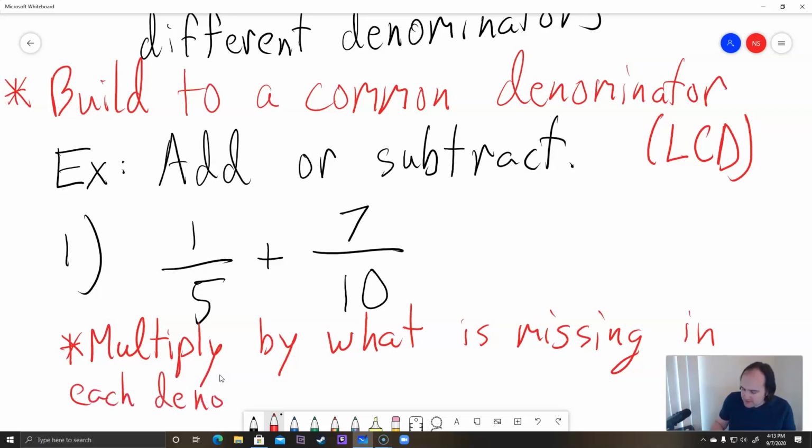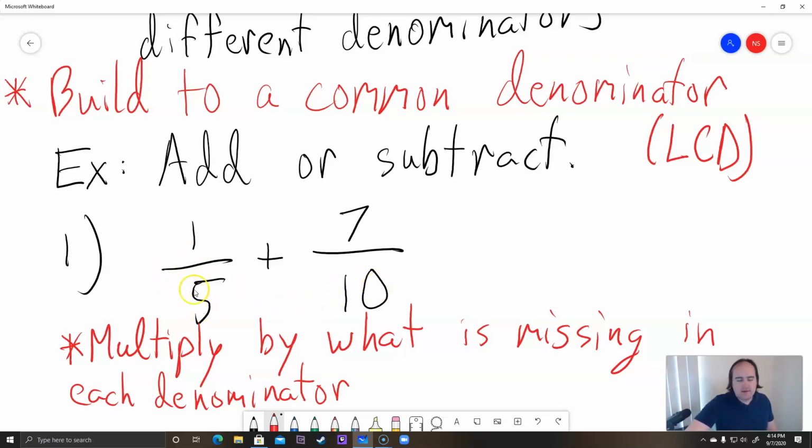And when you multiply, you have to actually do it on the top and the bottom. You can't just do it on the bottom. Okay, so here our LCD would actually be 10. But even if you don't want to do the LCD, you can see that you want them to have the same denominator. So you have to multiply by what you're missing.